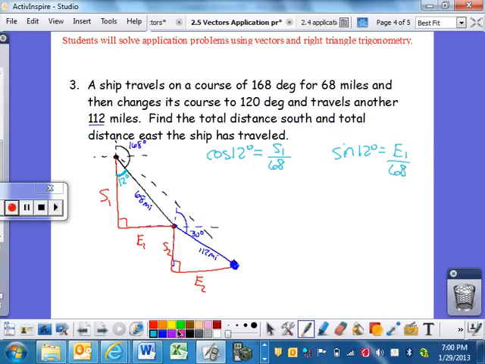And if you solve for south 1, okay, you should multiply 68 to both sides. South 1 equals 66.51 miles. And the east of the first one, if you multiply 68 to both sides, east 1 is equal to 14.14 miles.